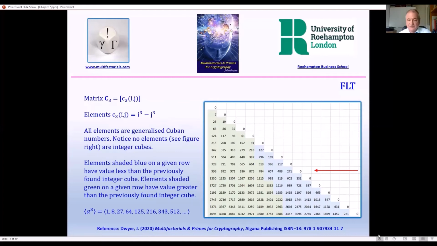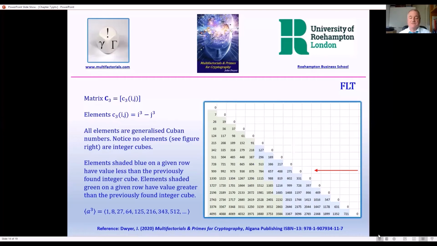Let's look at the 10th row. The first element that we encounter is 271. This is less than 729, the previously found integer cubed. Now we've shown algebraically that the value of x that corresponds to this, which is irrational, must give rise to an a minus x to the power n, which cannot possibly be an integer cube.